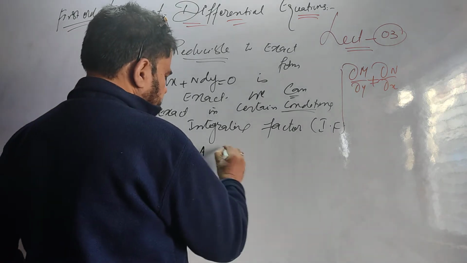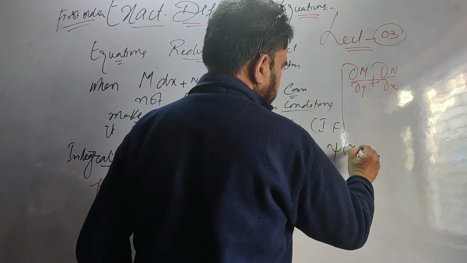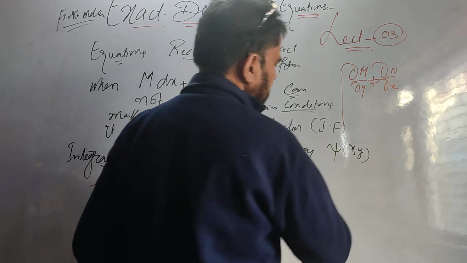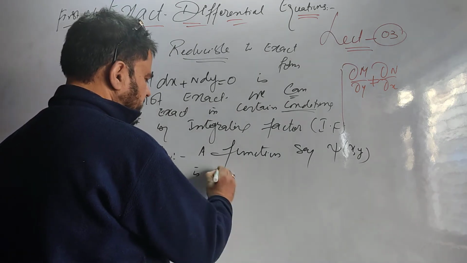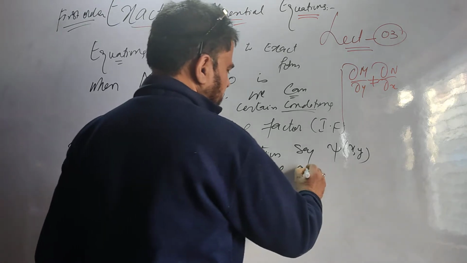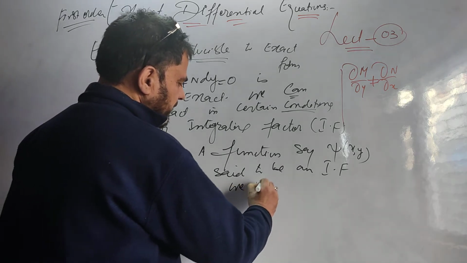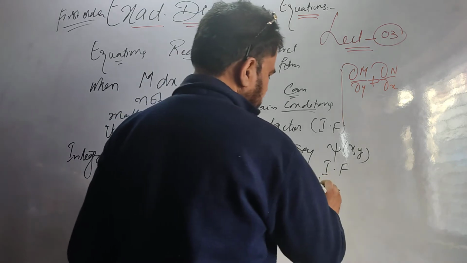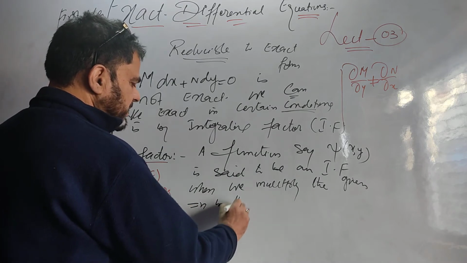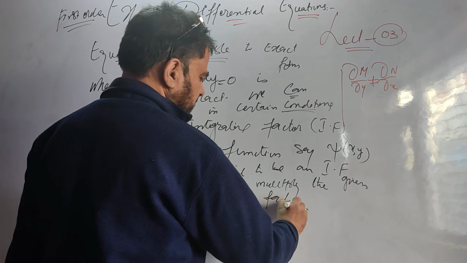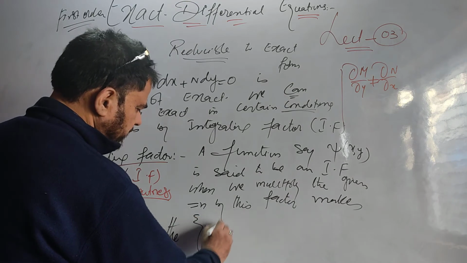A function, say function psi of x y, a function in x and y, is said to be an integrating factor when we multiply the given equation by this factor and it makes the equation exact.